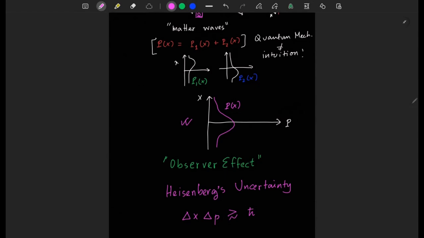H bar is an extremely small number, so quantum mechanics is essentially ruled by this constant h bar, which is known as the reduced Planck constant, or just Planck constant at this point for brevity. For classical mechanics, in every kind of classical event, we never talk about h bar, so h bar is set to 0. H bar is important at the small scales of nature.